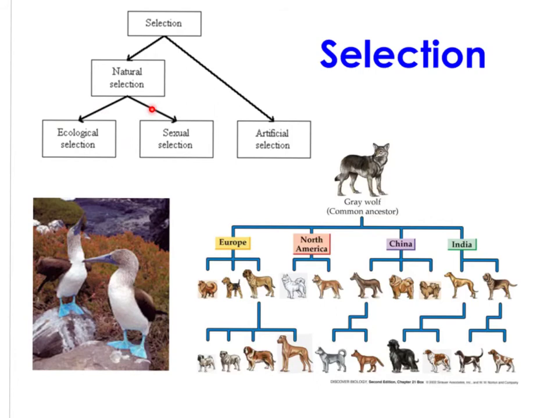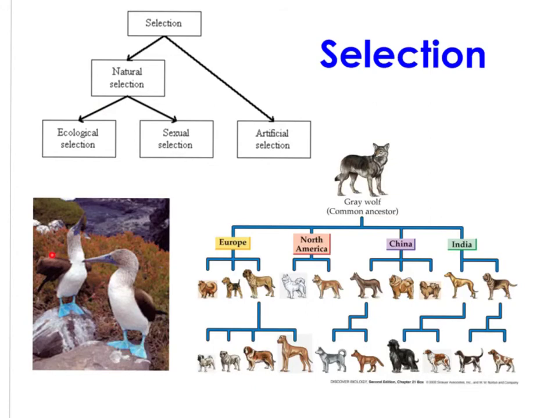There's also sexual selection, and here I put the pictures of the cute little blue-footed boobies because their feet are so blue, and they do very, very elaborate mating dances and rituals prior to mating. If these organisms do not have just the right dance, they won't mate.